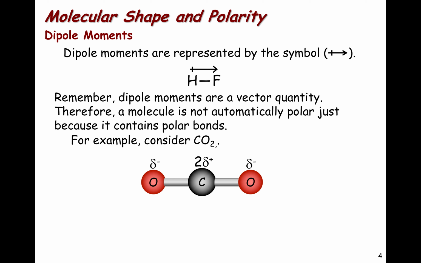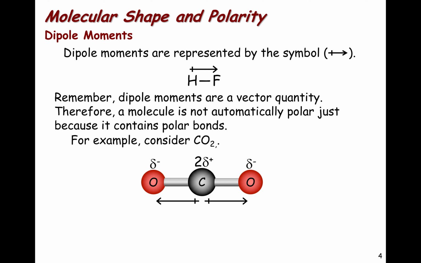This creates a situation where there are partial negative charges on the oxygens and an equal amount of partial positive charge on the carbon. So these are clearly polar covalent bonds. The problem is that we have the vector arrow for one of those bonds that is pointed to the left, whereas the other one is pointed to the right.